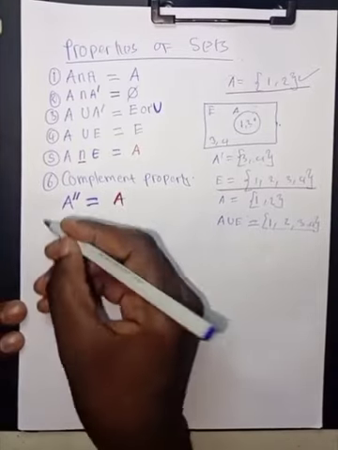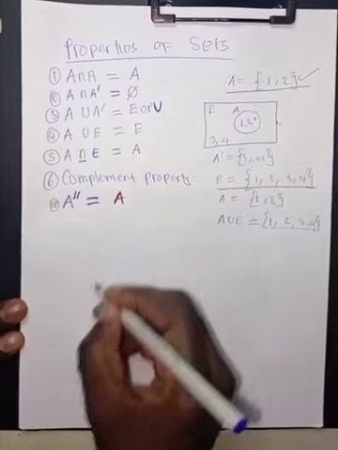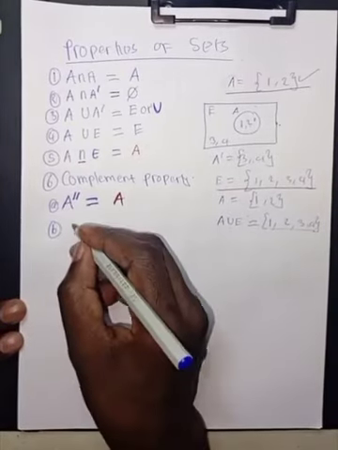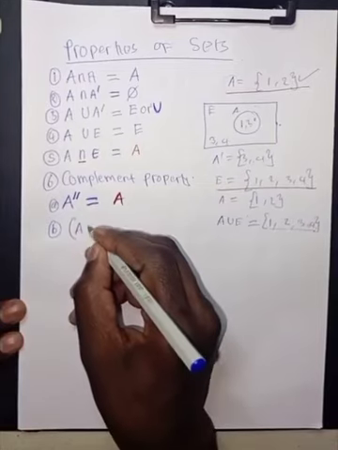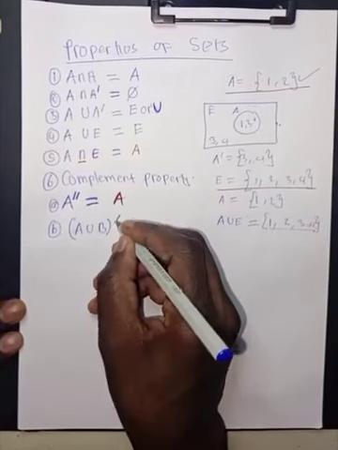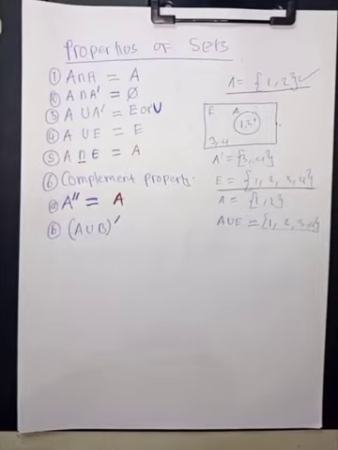The other one under the same complement, so this could be our A, then our B. If I have A union B, and then I put a complement outside, this is the beginning of De Morgan's law.